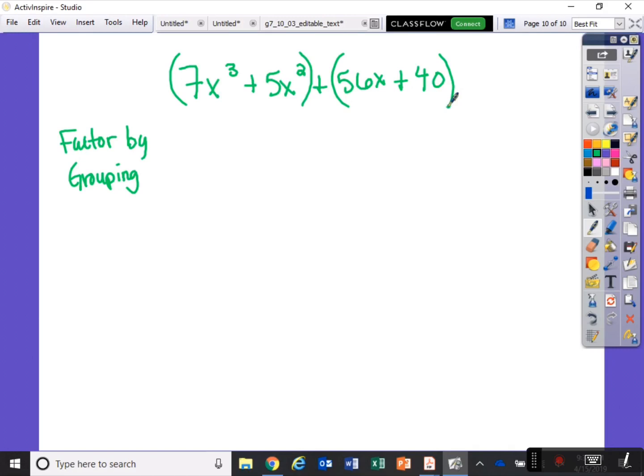Do 7 and 5 have anything in common other than 1? No. So there's not a number GCF here. But what do both of those terms technically also have in common? X. They have an X on both of them, don't they? Now, this one's got an x to the third, which literally means there's how many x's? 3. This one has an x squared, which means there's how many x's?